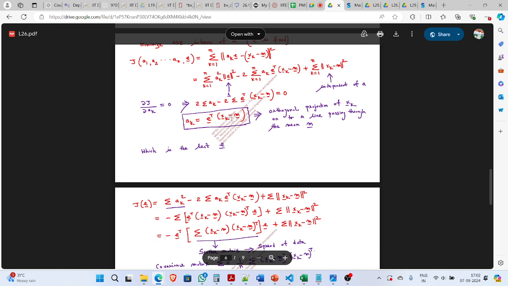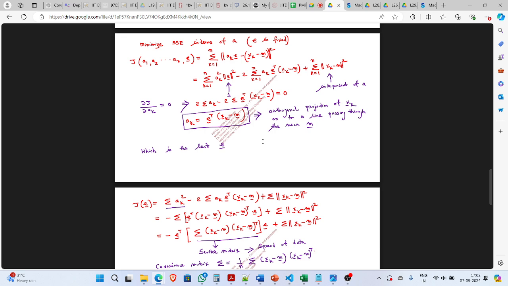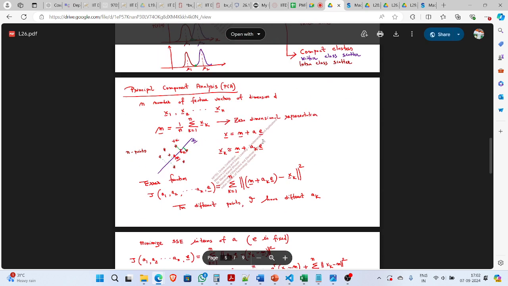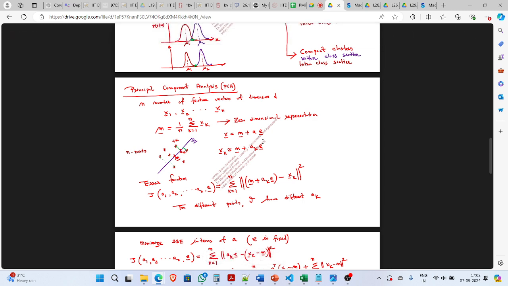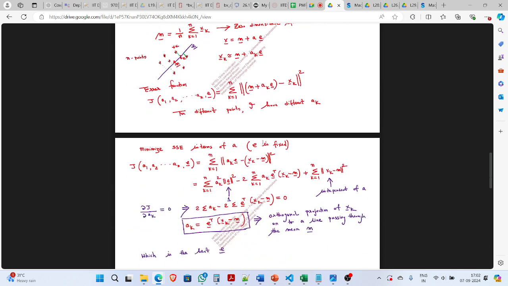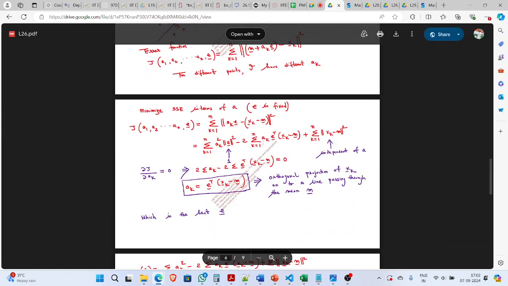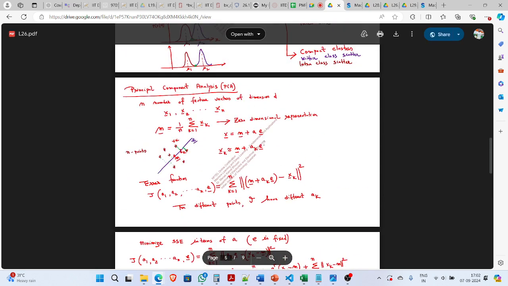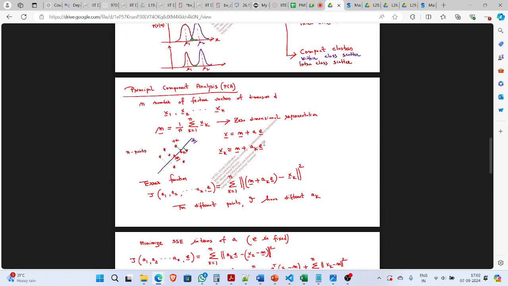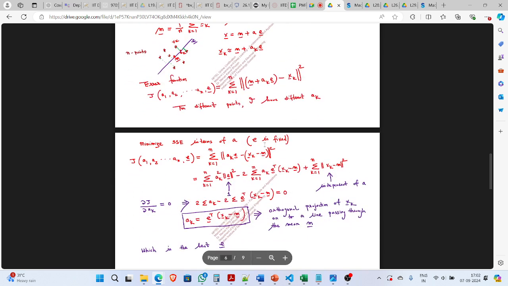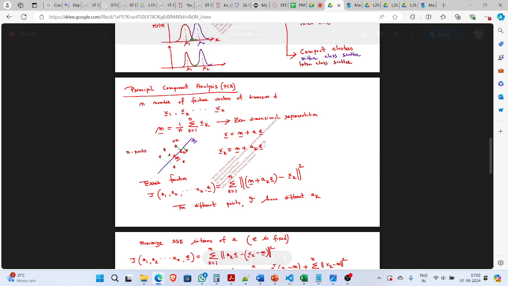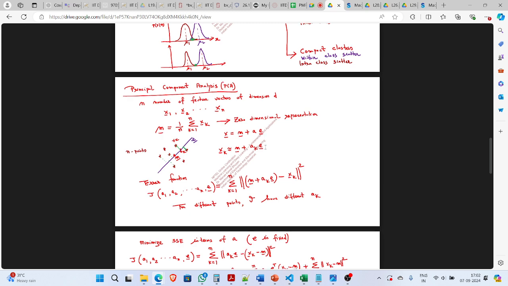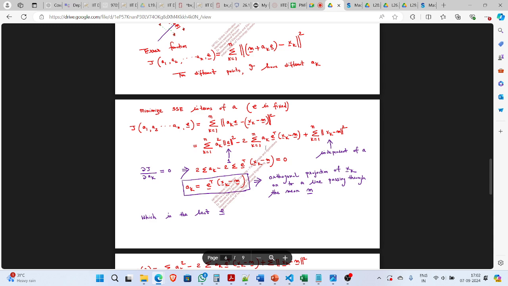So this is the principal component. This does not look correct actually.